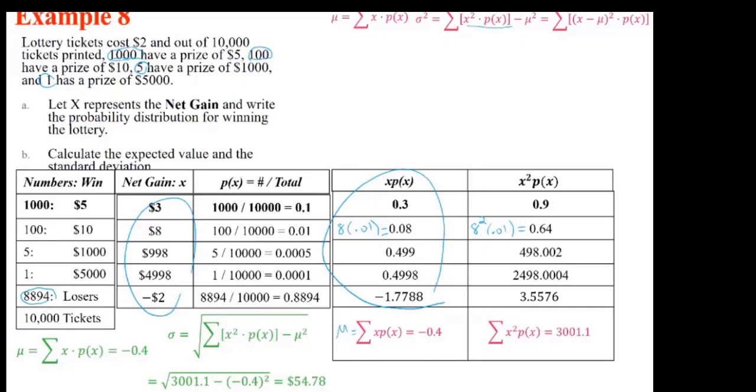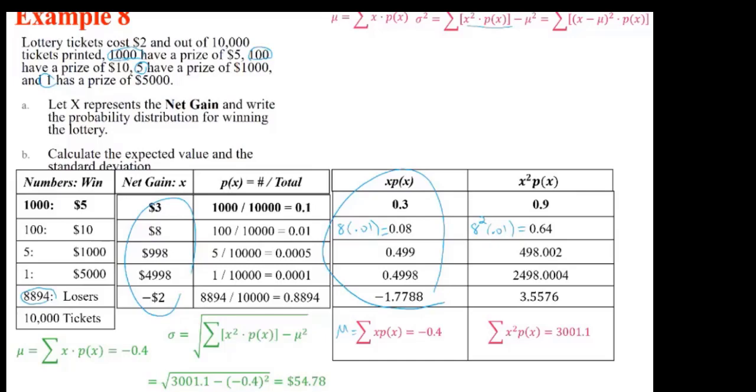What does it mean? That's really important, the interpretation. Pay attention to mu. Mu is negative, and it is supposed to be negative for the players and positive for the house. So that would be the net gain on the average per player for the house, positive, and for us, negative.